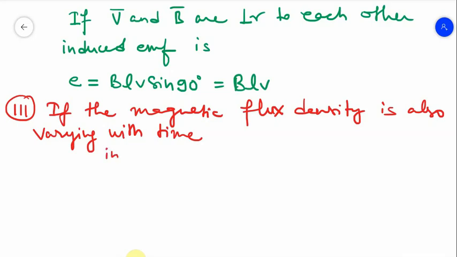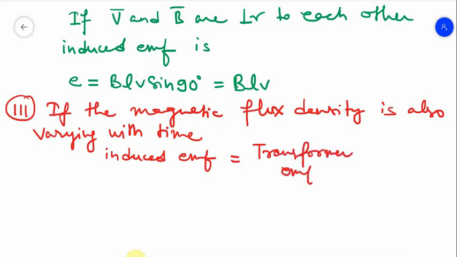So this induced EMF now will be equal to the transformer EMF plus this generator EMF.